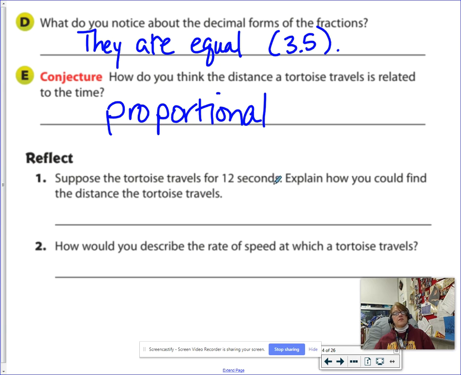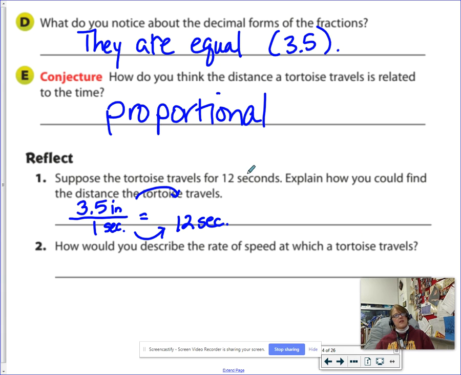Suppose the tortoise travels for 12 seconds. Woohoo! Going on a marathon. Explain how you could find the distance the tortoise travels. Well, if we know the constant rate or speed is 3.5 inches in 1 second, and we want to figure out how far is that sweet tortoise traveling in 12 seconds, multiply by 12.